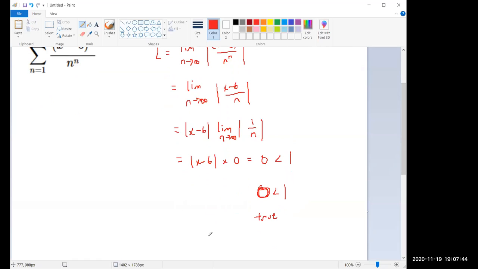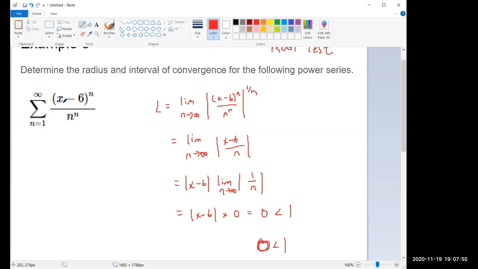So the interval of convergence is actually negative infinity to infinity. In other words, it doesn't really matter what value of x you plug into this power series; it'll always give you a convergent series.